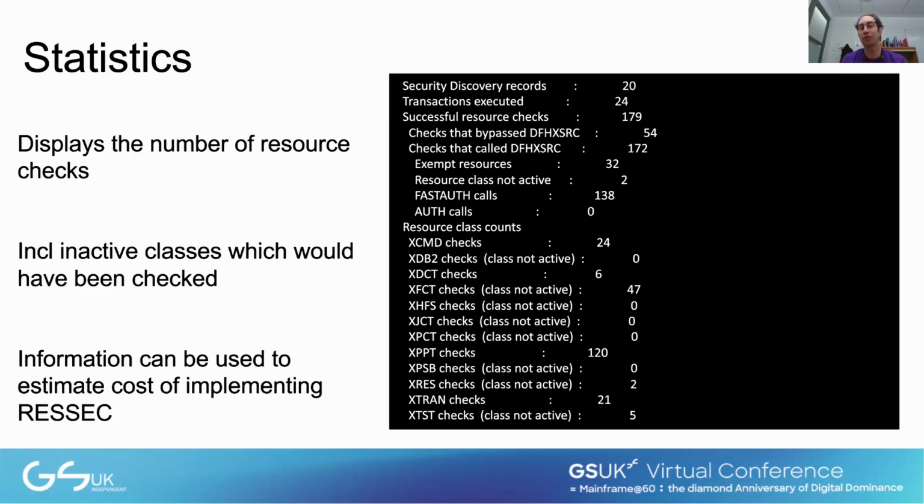There were 24 transactions executed, so pretty much 2 checks per transaction, if you're just coming up with a ballpark figure of the cost of activating file security just on this small sample of workload.